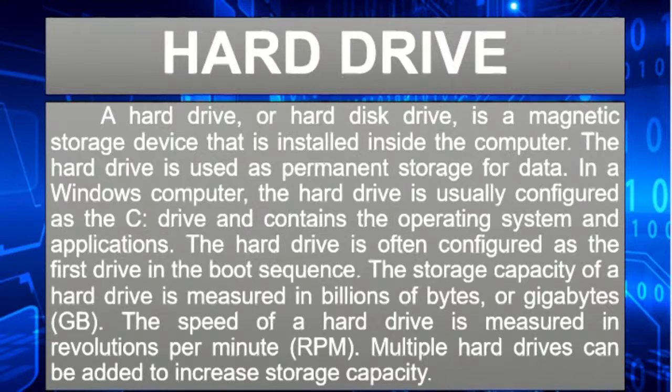The hard drive is often configured as the first drive in the boot sequence. The storage capacity of a hard drive is measured in billions of bytes or gigabytes, GB. The speed of a hard drive is measured in revolutions per minute or RPM. Multiple hard drives can be added to increase storage capacity.